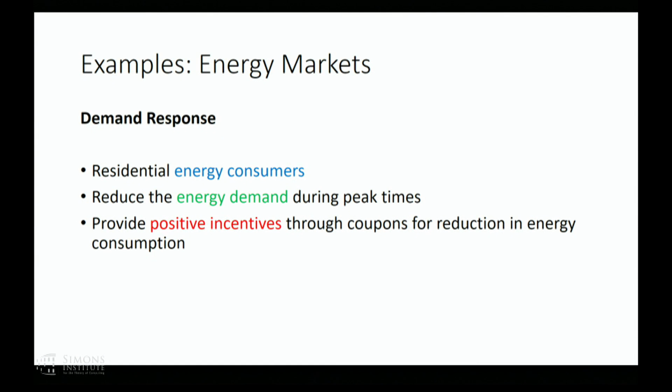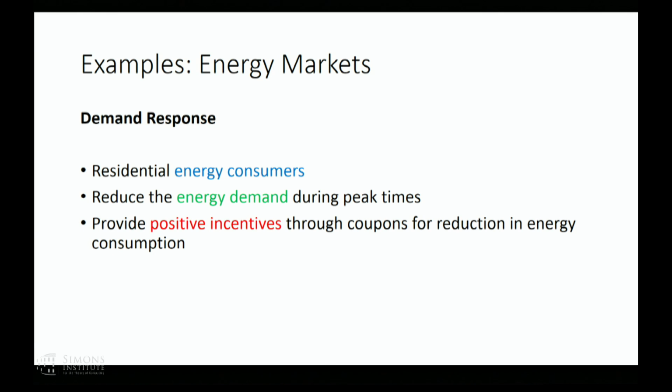For example, in an experiment that was done in Houston in 2016, people were given monetary incentives if they increased their AC temperature during peak times, and there was very positive feedback about the effect of these incentives.